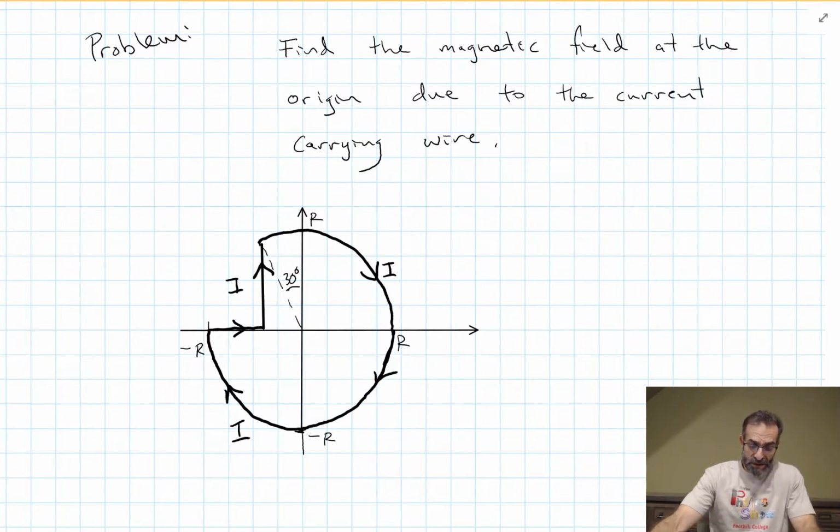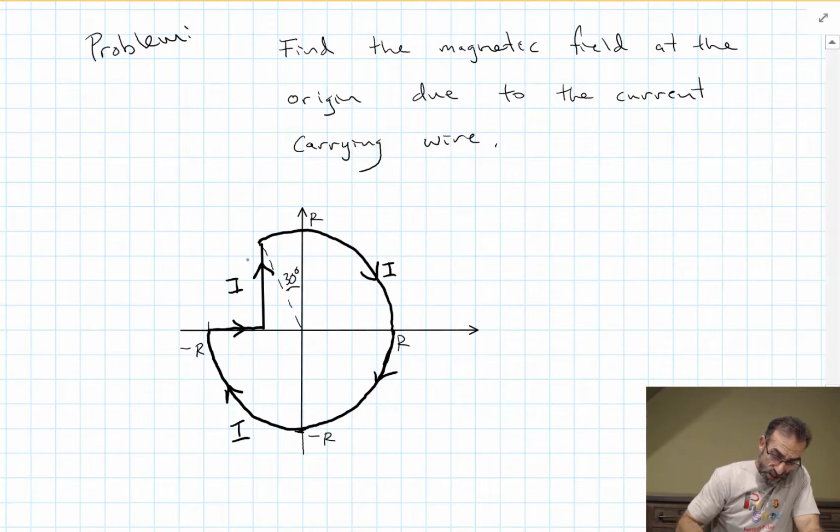What's the first thing we're going to do is break this wire up into segments that we can deal with. I'll call this one segment 1, and then this curved section segment 2, and then this straight section over here segment 3.